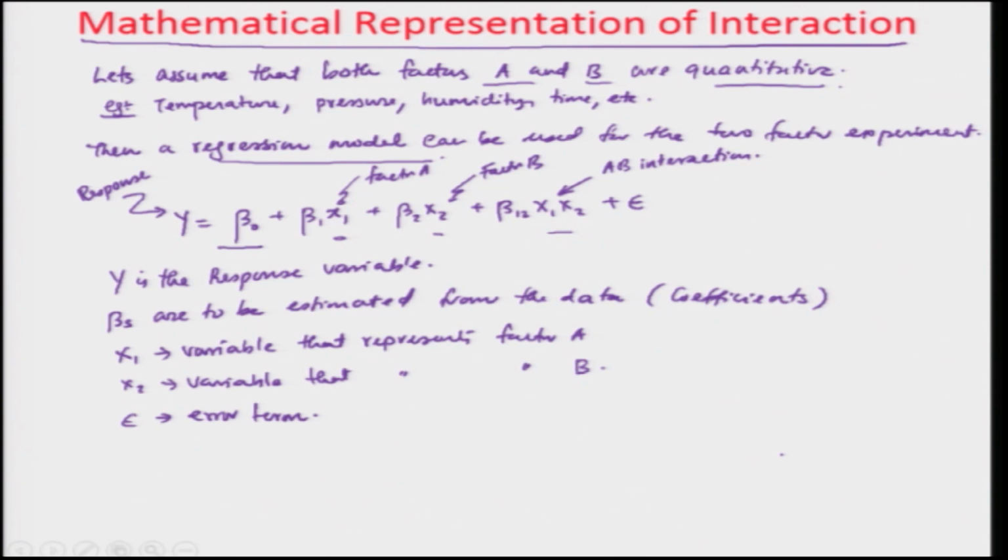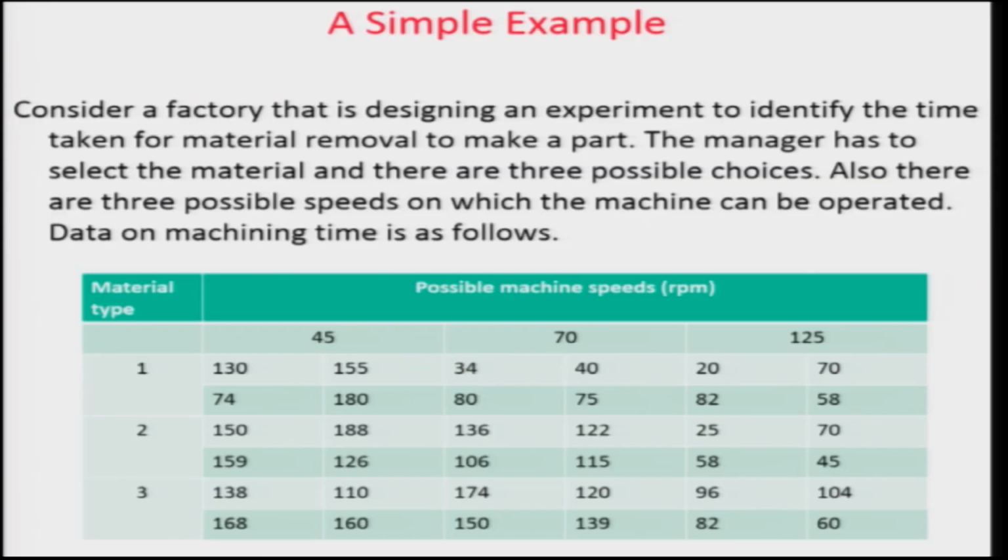Okay. Fine. So, let us stop the theory here and work an example to understand the problem. Here is a simple example, somewhat related to the green manufacturing system. Consider a factory that is designing an experiment to identify the time taken for material removal, how long it takes to remove the material to make a part.